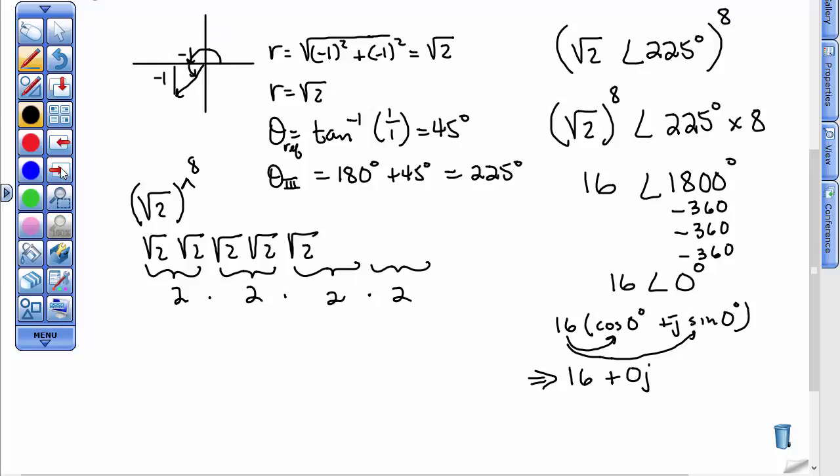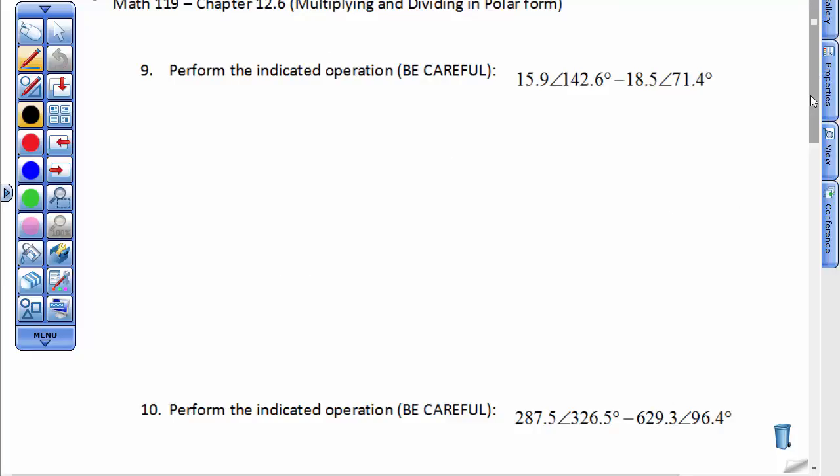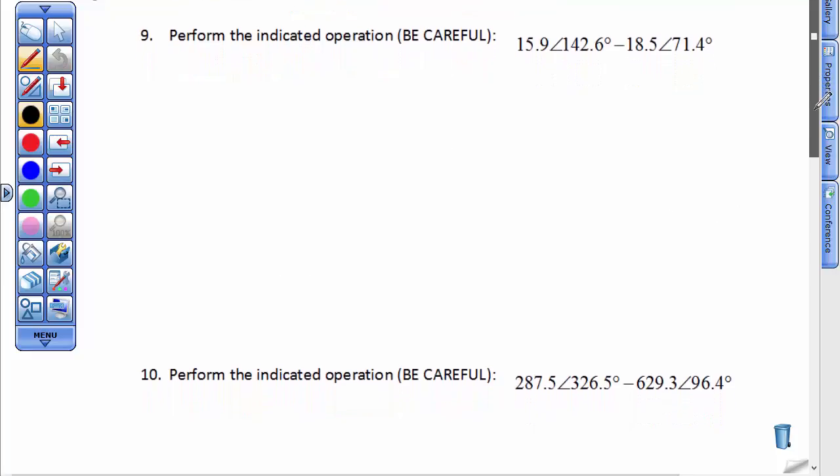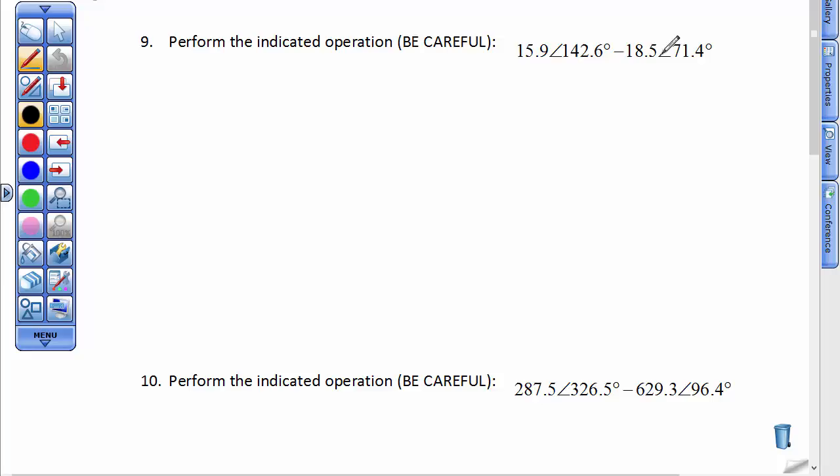Okay, so let's now talk about adding and subtracting complex numbers in polar form. First of all, just want you to know that when we added and subtracted before in rectangular form, this was really simple.